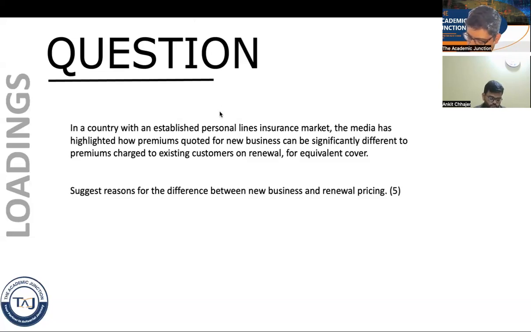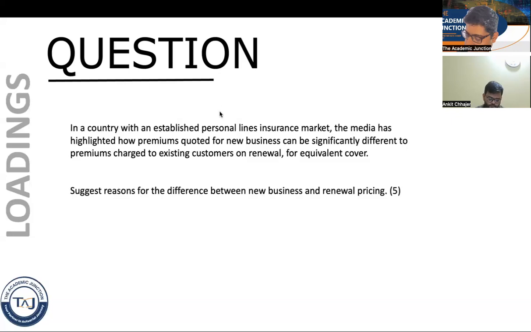I've divided it in two parts. One, the new business, because there is a difference. There could be cases where the new business premiums are higher, and cases where they are lower.